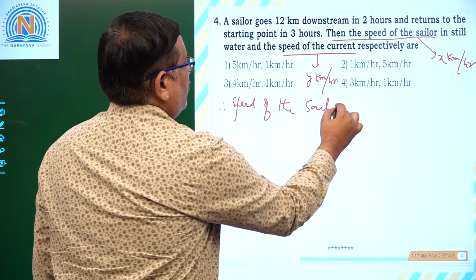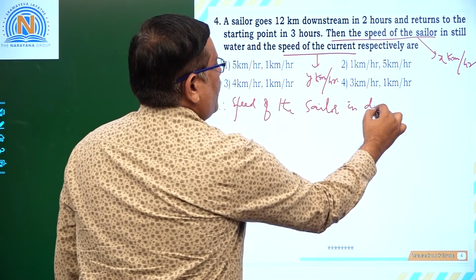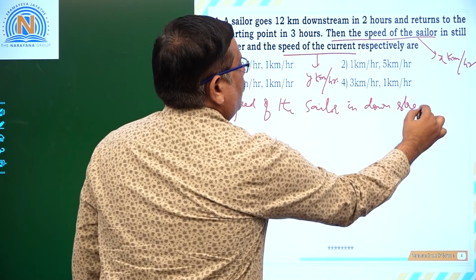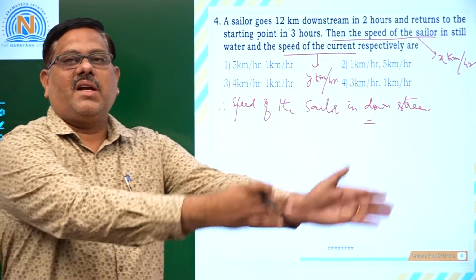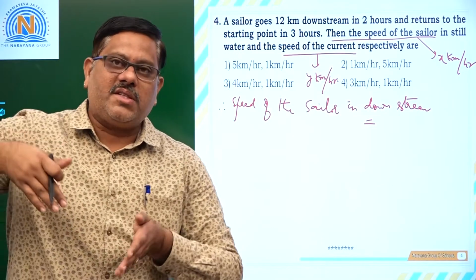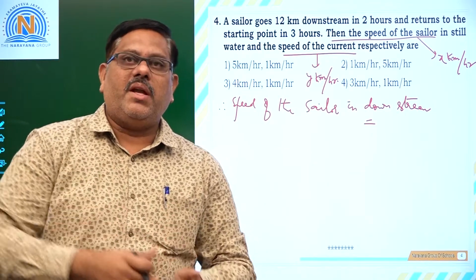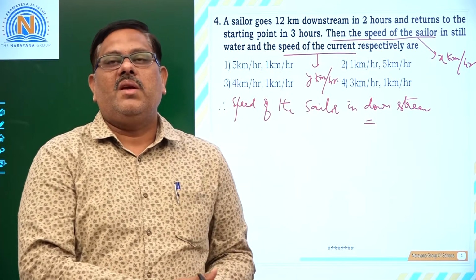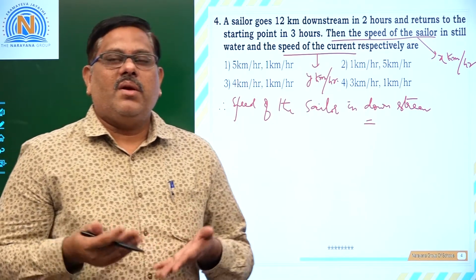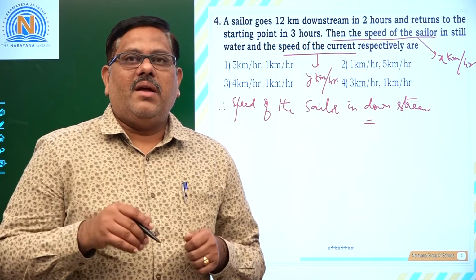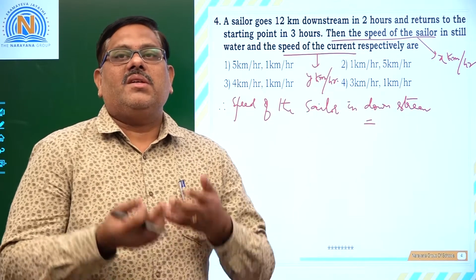Therefore, speed of the sailor in downstream. What do you mean by downstream? Along with the current. In which direction the water is flowing, if you are moving in the same direction, that is called downstream. So what is the advantage if you go in downstream? If you are moving in downstream, the sailor speed will be added up with stream speed.